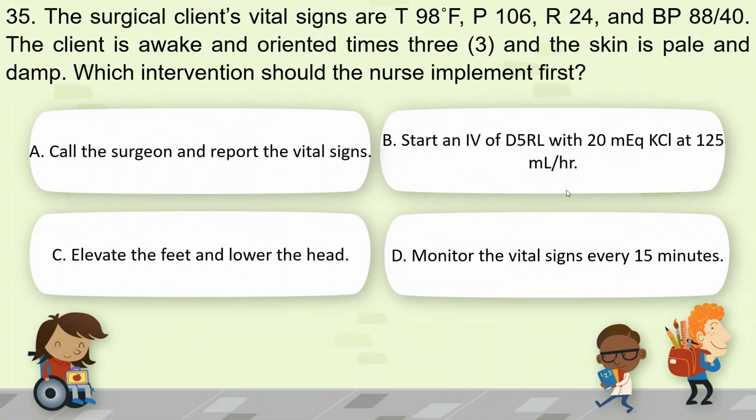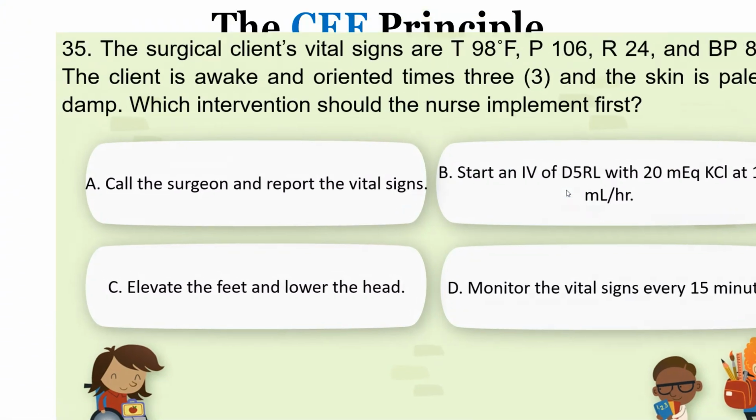And when signs and symptoms of shock are observed, the nurse will monitor vital signs more frequently than every 15 minutes. Starting an IV should be good, but should not include potassium. And of course, you are going to notify the surgeon once assessments have been done properly. Answer here is letter C.